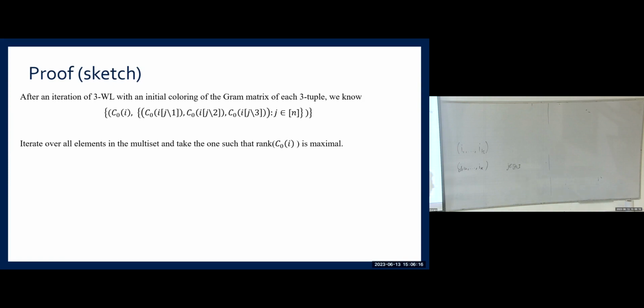So if I have i1, i2, i3, the initial coloring C0 of i is going to be xi1, xi2, xi3, transpose, times xi1, xi2, xi3.